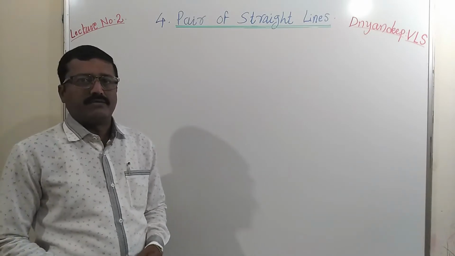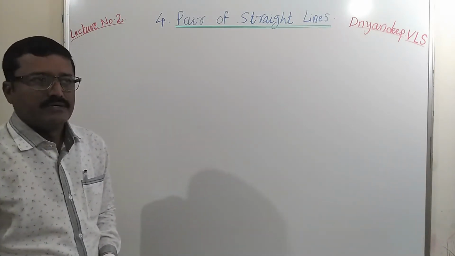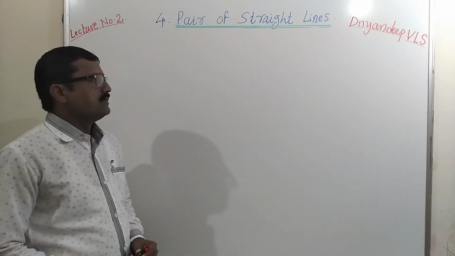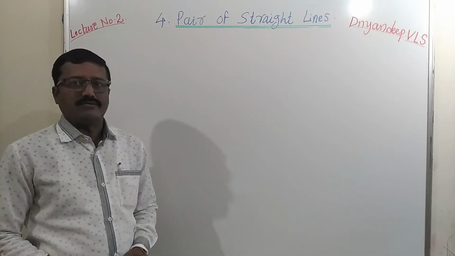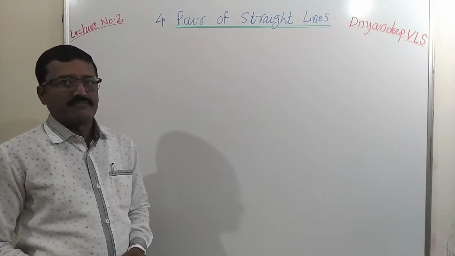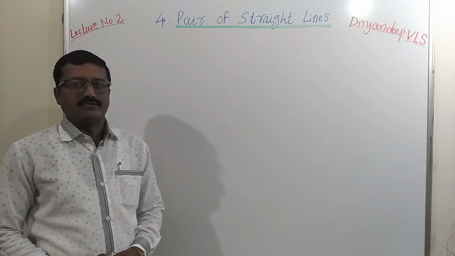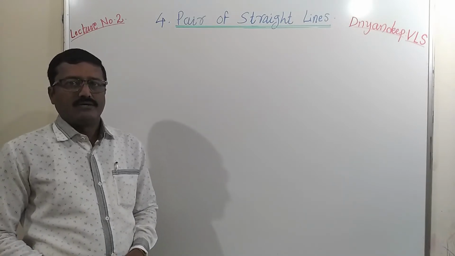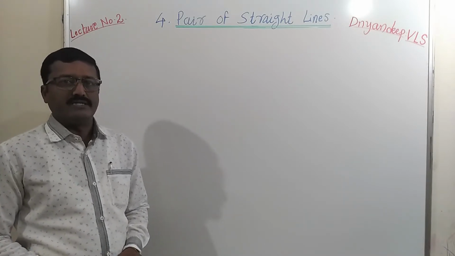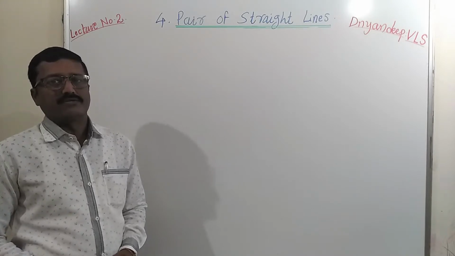As the combined equation of lines passing through origin represents, it is a homogeneous equation of degree 2 in x and y. But the converse need not be true, because every homogeneous equation of second degree need not be a combined equation of pair of lines.